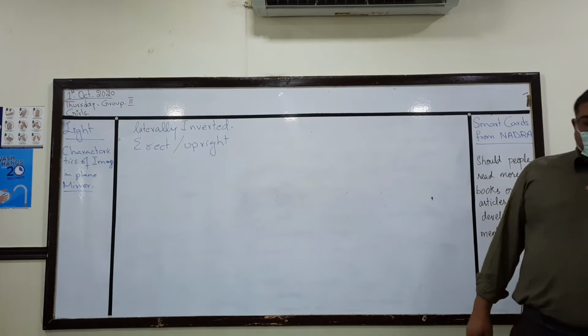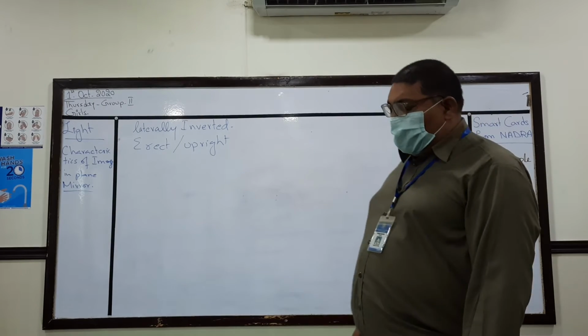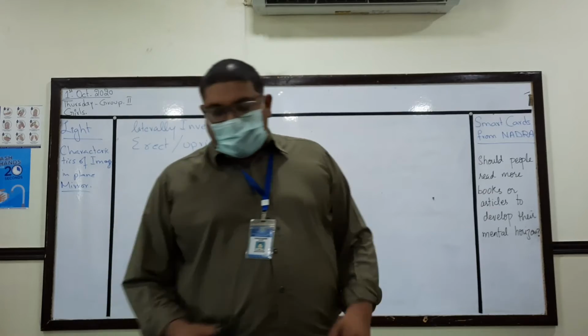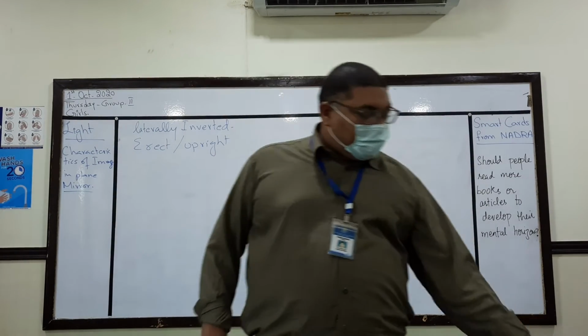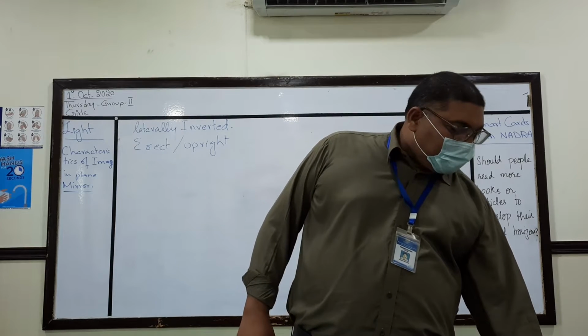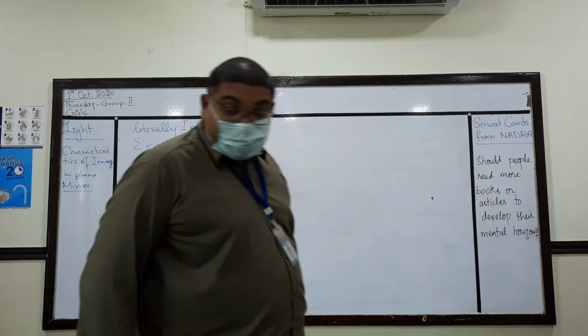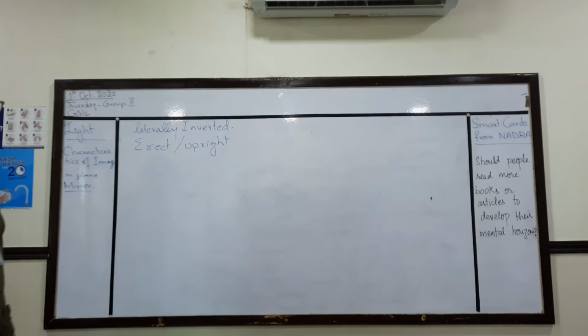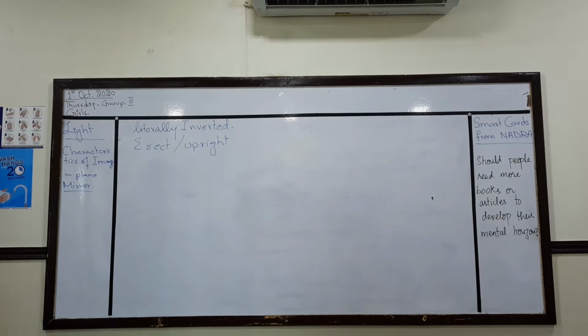So there is one question. For example, if I put this big mirror here, and I stand here and see myself, and suppose I am 5 feet and 10 inches, my whole body image might be visible there to me.